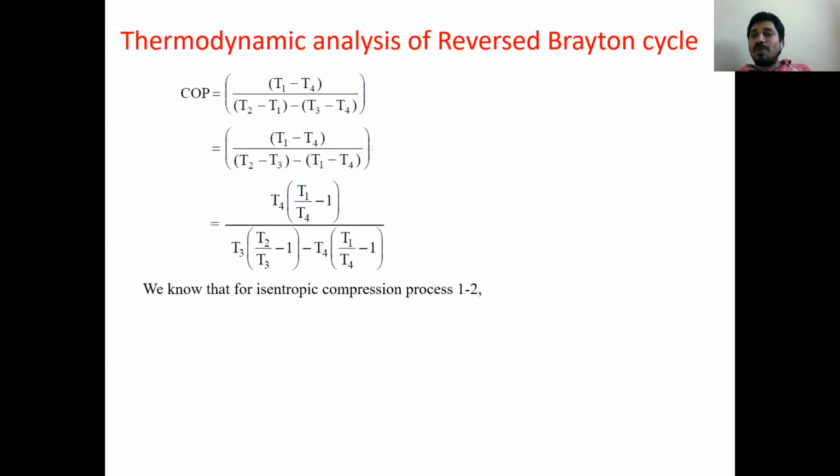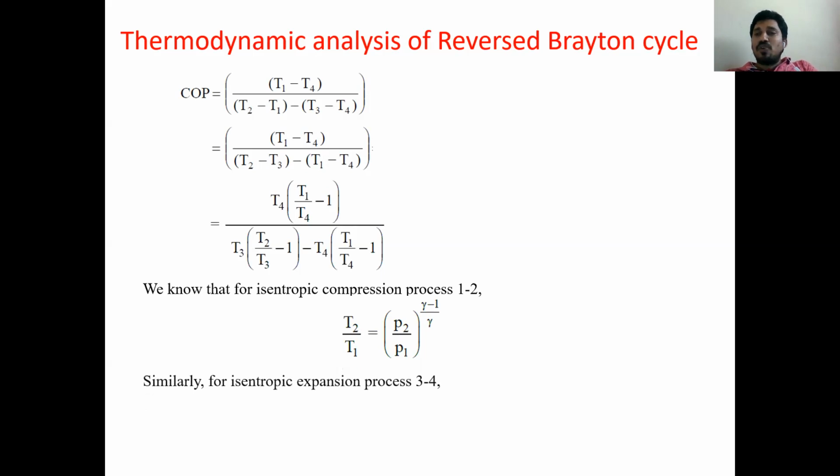From the isentropic process 1-2, we understood that T2 by T1 is equal to (P2 by P1) power (gamma minus 1) by gamma. Already we discussed this in the processes. Similarly, for isentropic process 3-4, T3 by T4 is equal to (P3 by P4) power (gamma minus 1) by gamma. This one also we discussed.